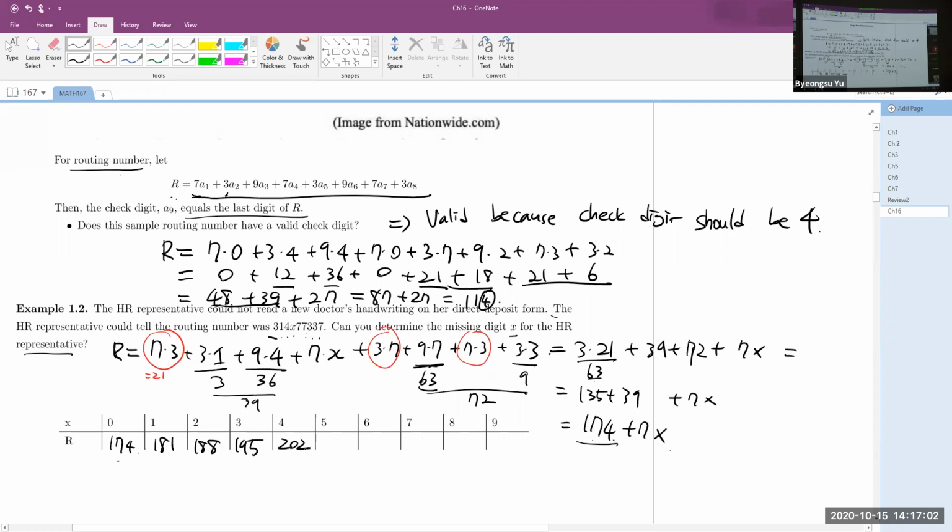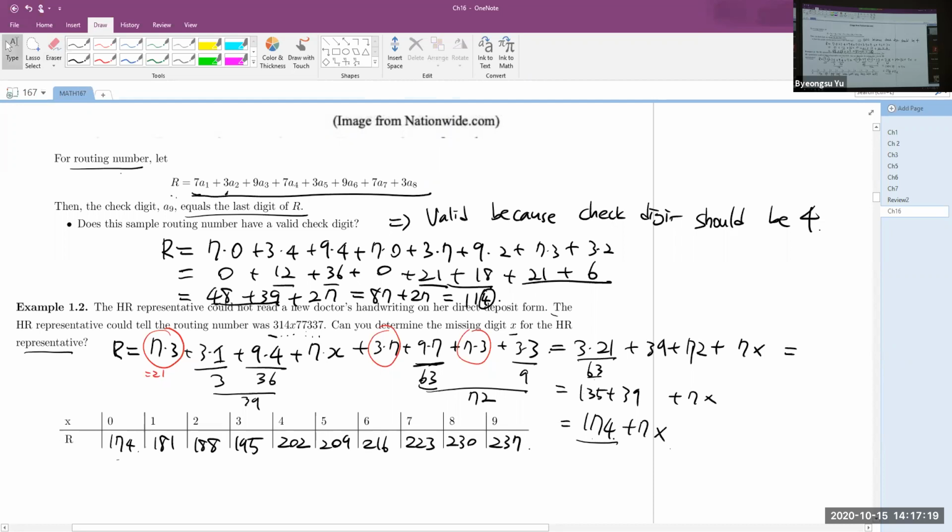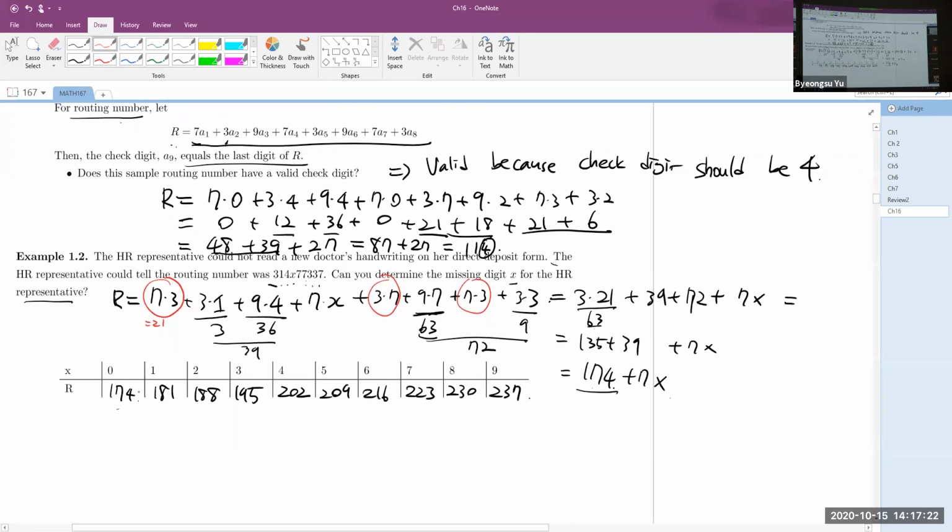And adding 7 again, you get 202, 209, 216, 223, and 230, 237, right? And here the last digits are 4, 1, 8, 5, 2, 9, 6, 3, 0, and 7, right?